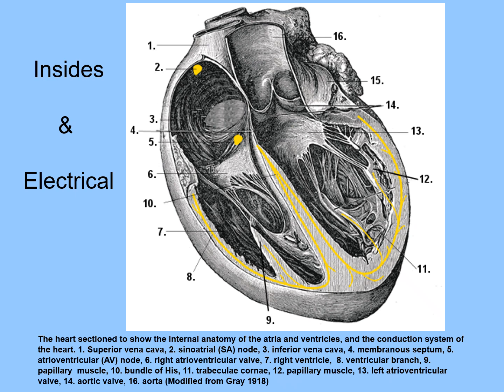The SA node provides a signal through both atria to the AV node, or atrioventricular node. This is located just medial and superior to the right AV valve. The signal then travels from the AV node to the bundle of His, which is at the superior aspect of the interventricular septum.